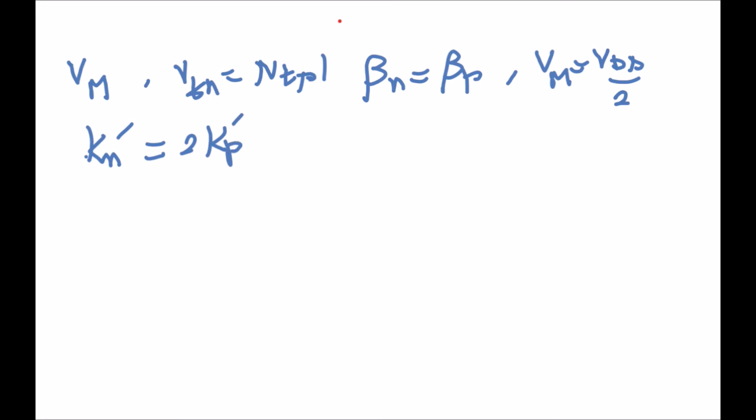Actually it is 3 times or maybe more, but since we talk digital, we can pretend that Kn equals 2 Kp, which means that if we set Wn equal to half Wp, we will have Vm equal to VDD over 2.